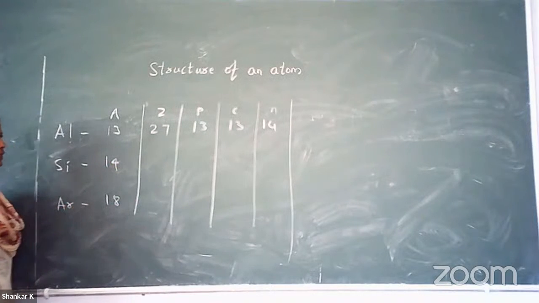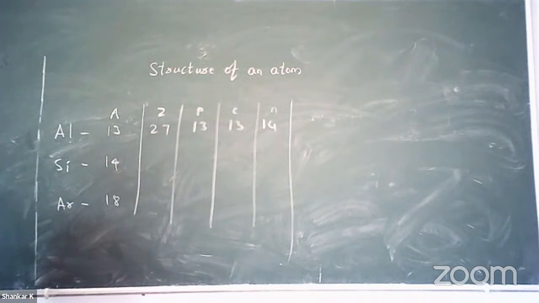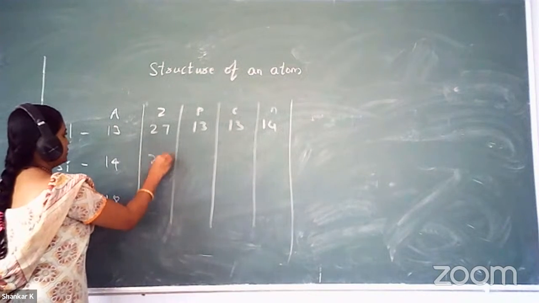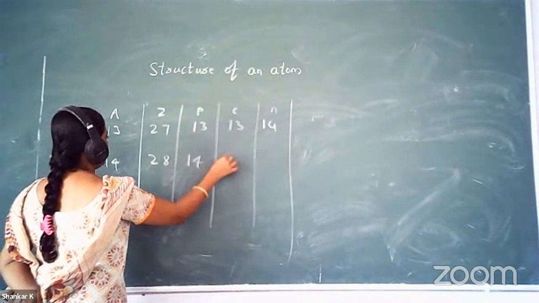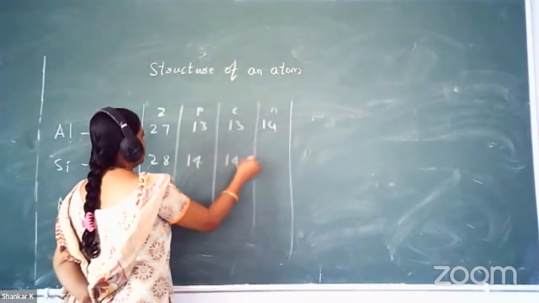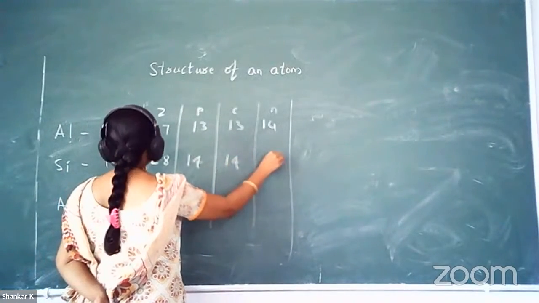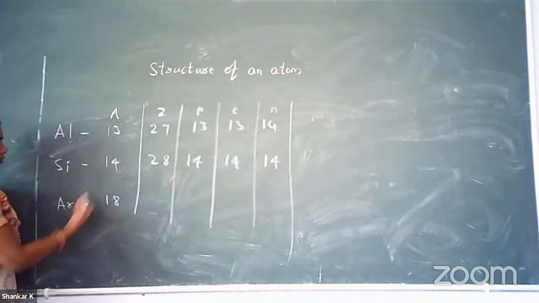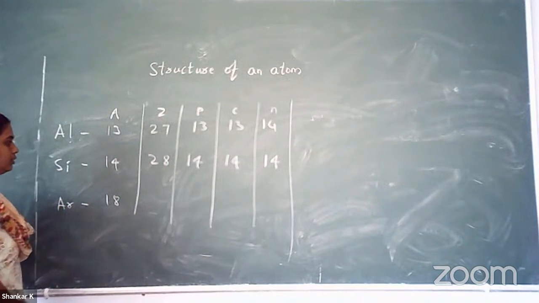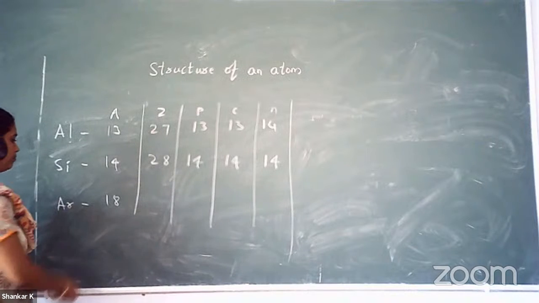Then silicon 14, what is the atomic mass? 28. What is the proton? 14. Electron? 14. Neutron also 14. Because the atomic number is the same and double of the atomic number is the atomic mass.